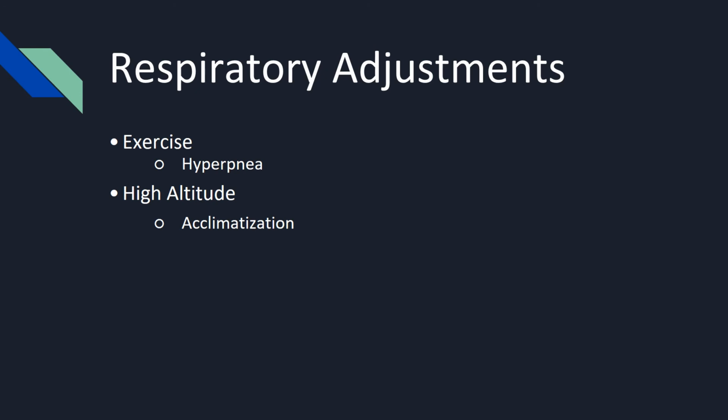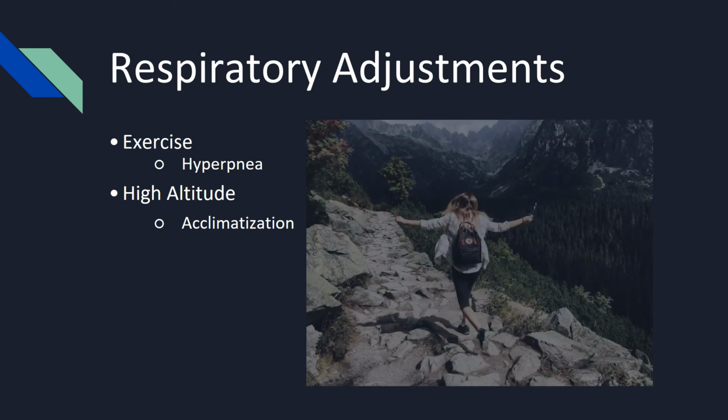Respiratory adjustments. If you exercise, you go into hyperpnea, which is deep rapid breathing. Higher altitude lowers the partial pressure of oxygen, and you go into acclimation, which your body has to get used to the lower pressure.